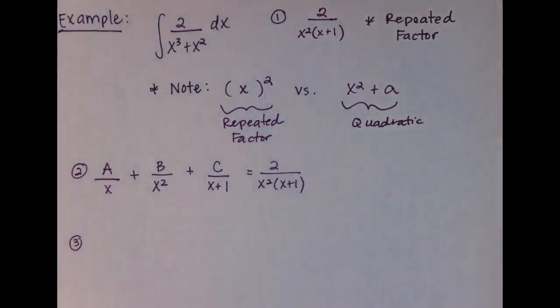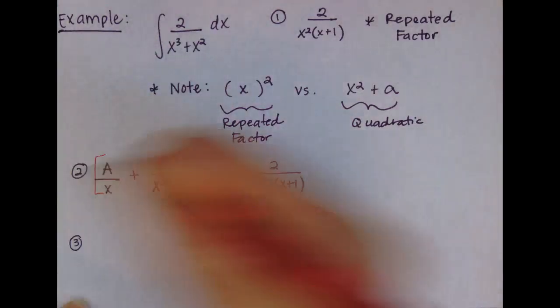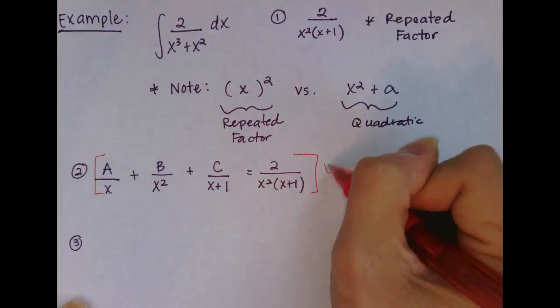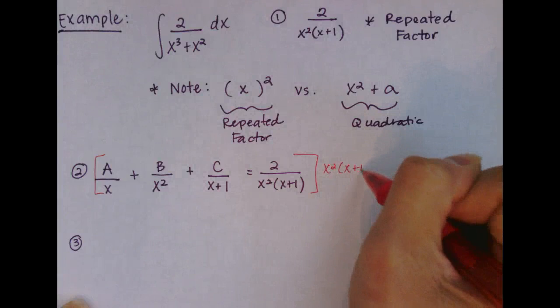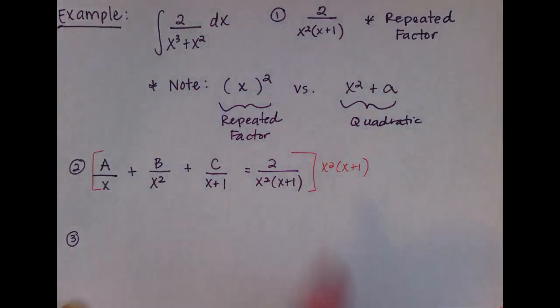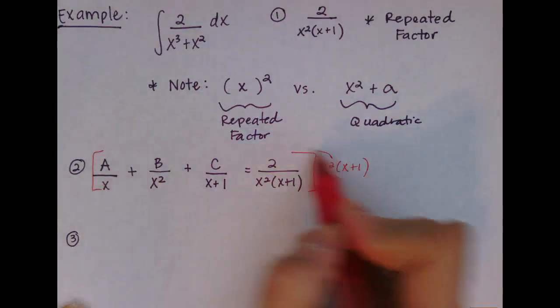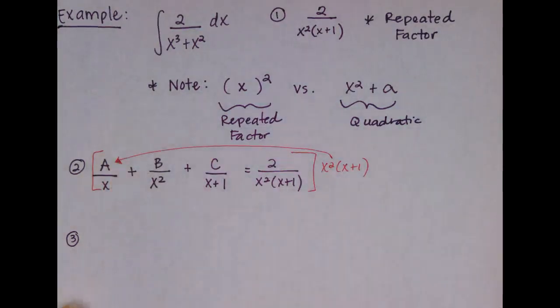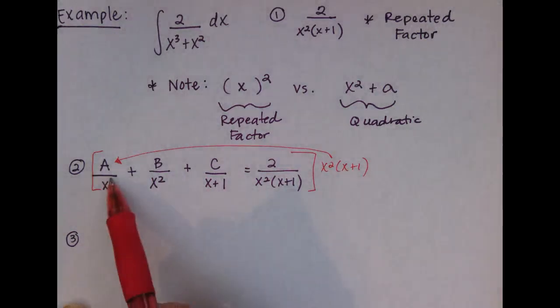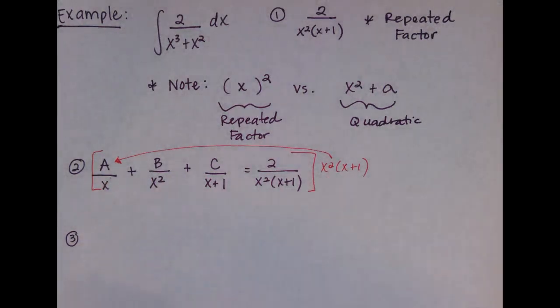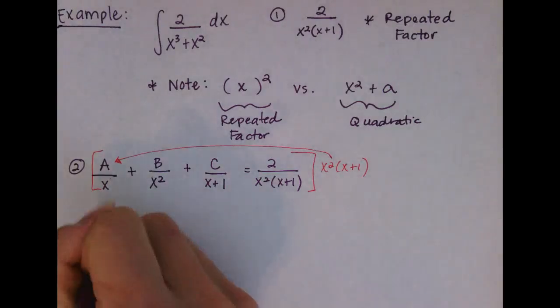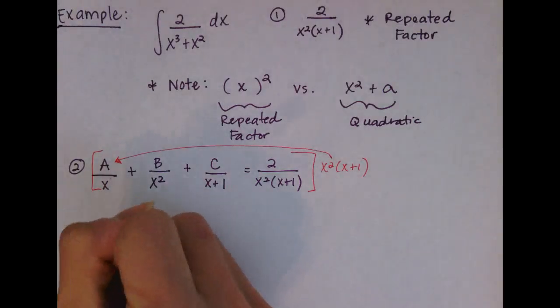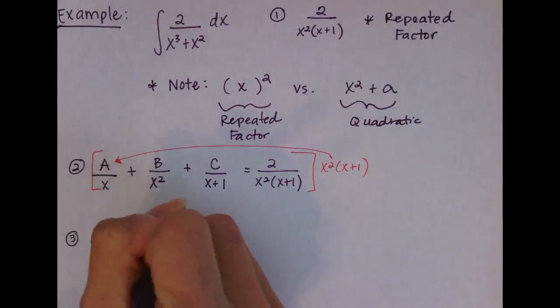Let's get rid of the denominators, and so remember that that means multiplying the entire equation by that common denominator. And if I multiply this first term by that common denominator, one of the x's is going to cancel with one of the x's here, and I'm going to be left with a times x plus 1.